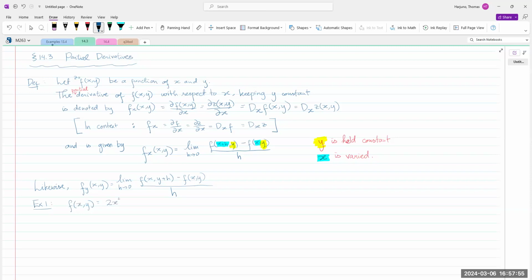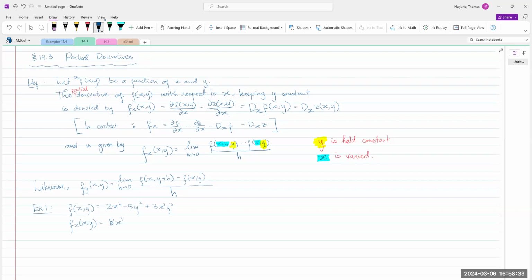Okay, for example, if we have f of x, y equals 2x to the fourth minus 5y squared plus 3x squared y cubed. Now then f sub x, which is the derivative of f with respect to x, will be 8x cubed, right?